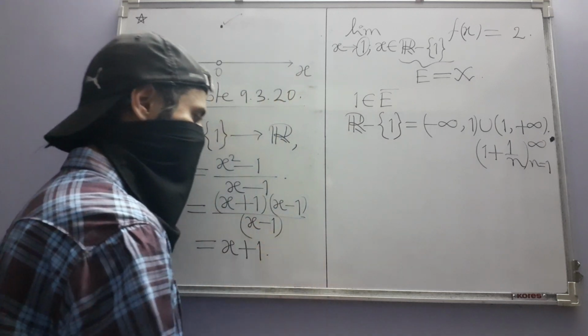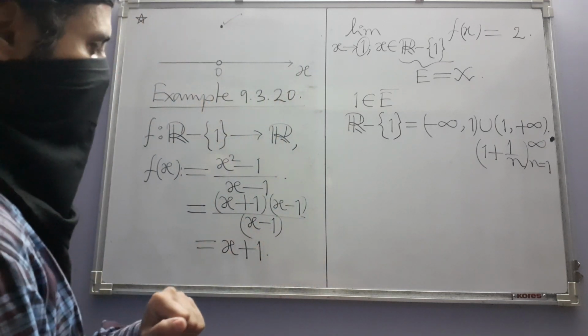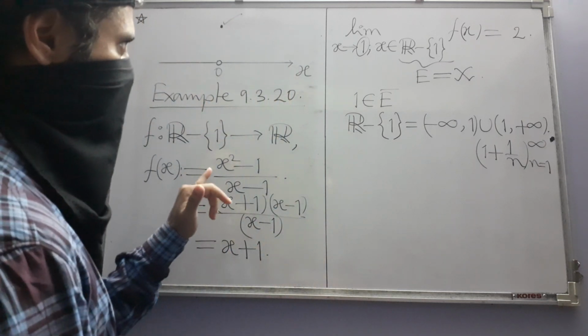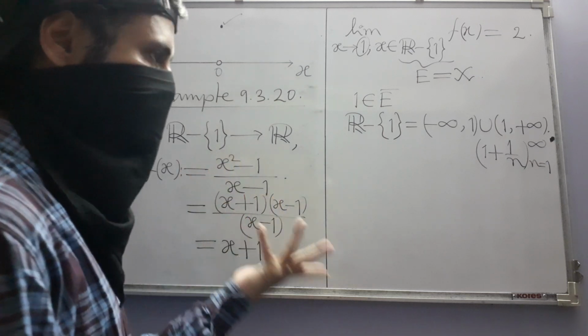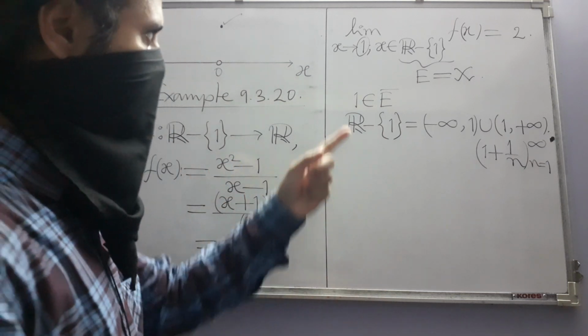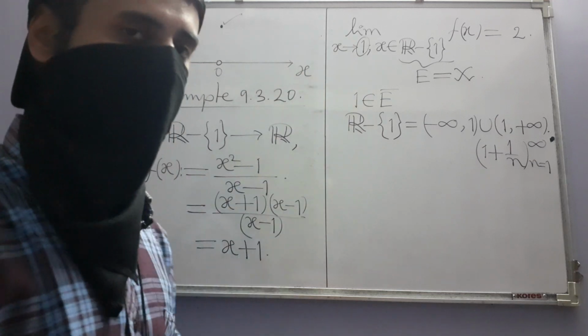See, the slight confusion that arises here is one may think that 1 is not there in the scene. So how can we take limit at 1?